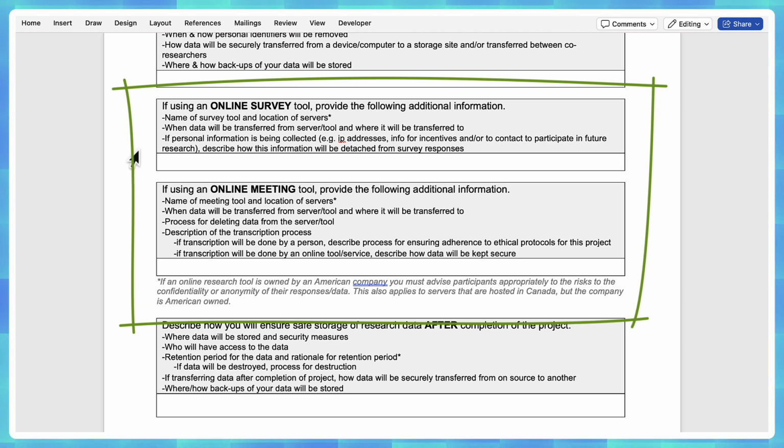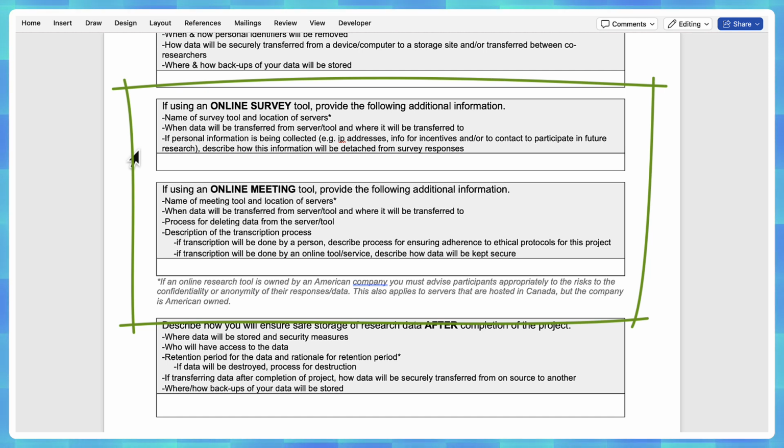But essentially for both, if you're using an online survey tool or using, for example, Teams to conduct interviews, we want to know what the tool is, although you've already identified that earlier, but also where the servers are and where the data recorded in those tools is being served.